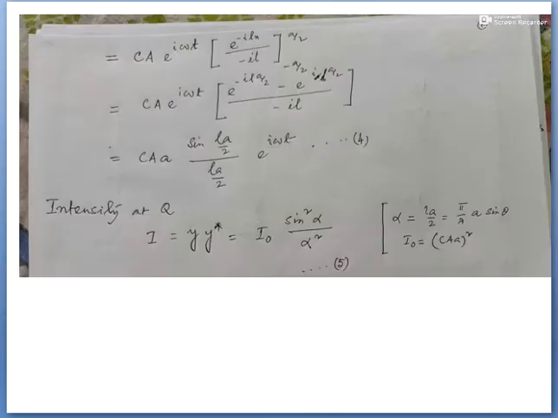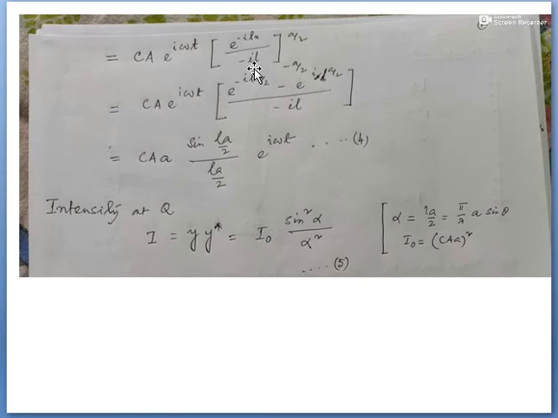Now the integration, if we calculate, will be e to the power i Lx divided by minus iL. So that will be C a e to the power i omega t times e to the power minus i L a by 2 minus e to the power i L a by 2, divided by minus iL.